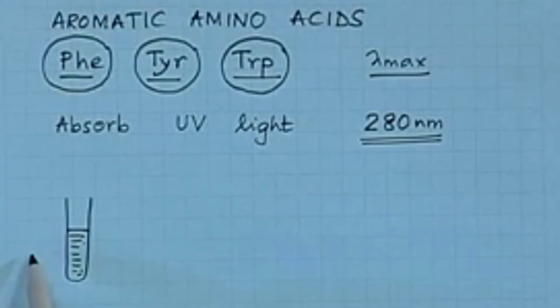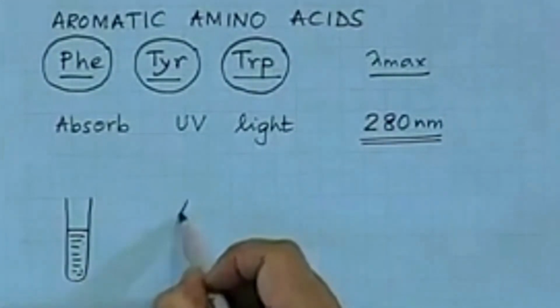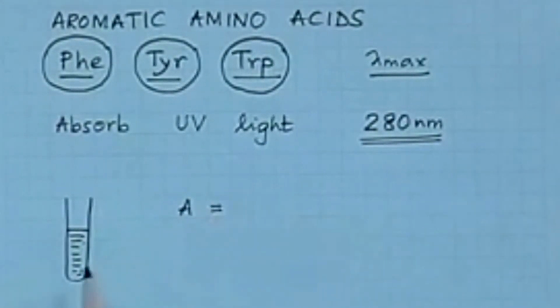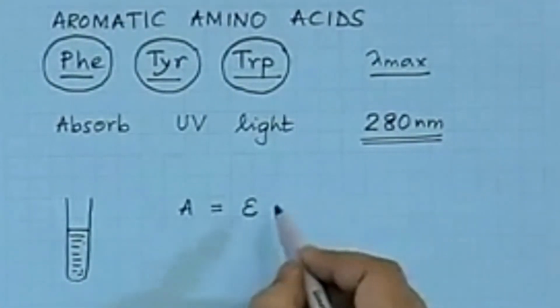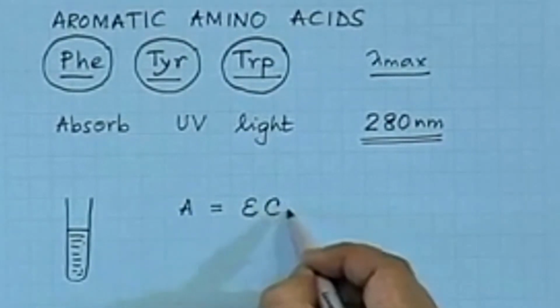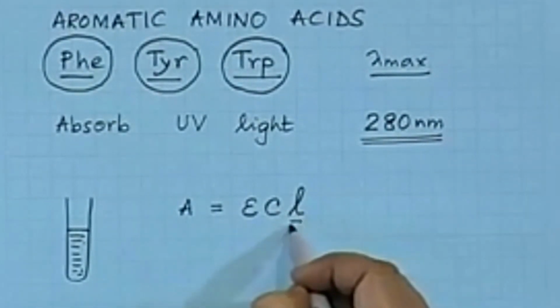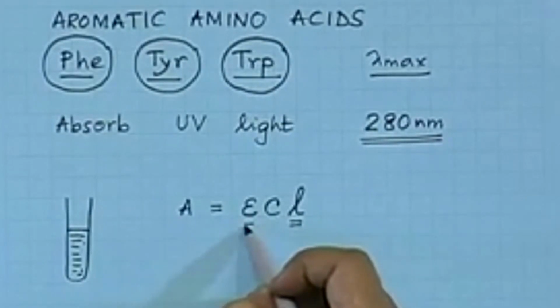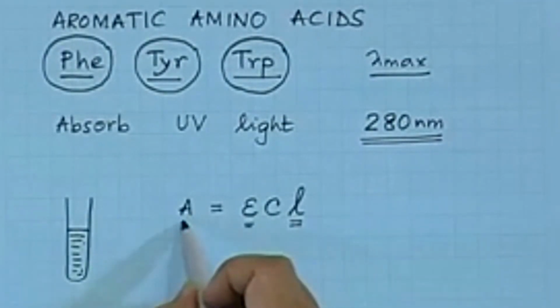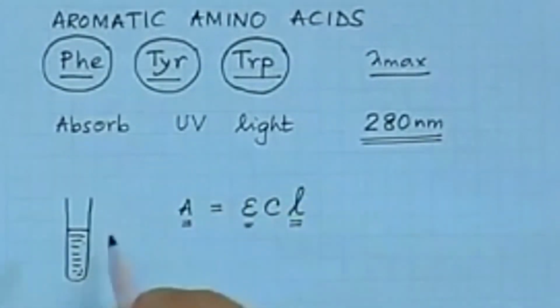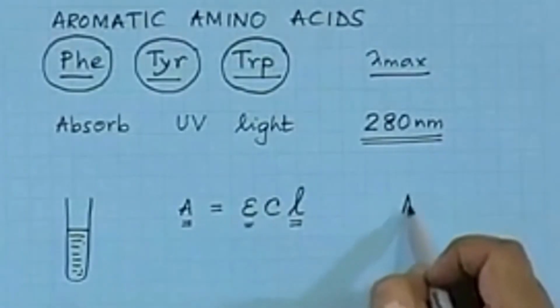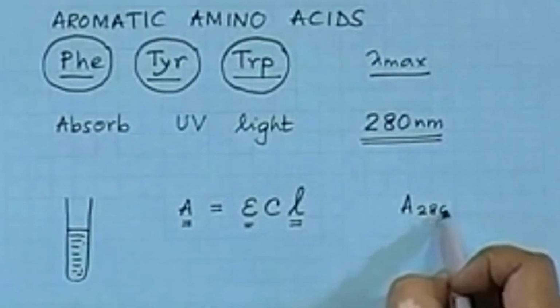So, if we monitor or we find out the absorbance at 280 nanometer, we know what is called the extinction of our protein, and we know the length of the cell, we know the extinction coefficient of the protein, and we know what the absorbance is at 280 nanometer, which is also represented as A280.